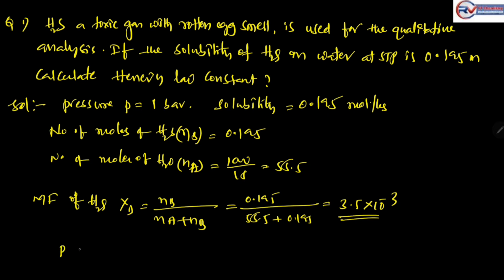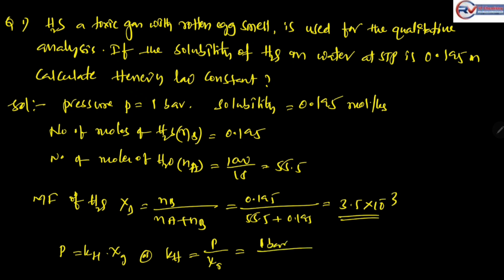Let's calculate Henry's constant. What is the formula of Henry's constant? P equals KH into mole fraction of gas. Here we can calculate KH equals partial pressure upon mole fraction of gas. Partial pressure is given, 1 bar.